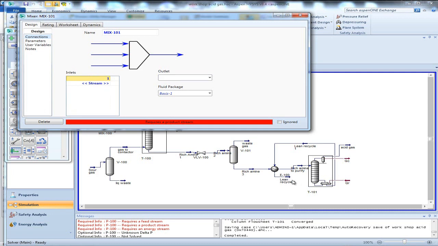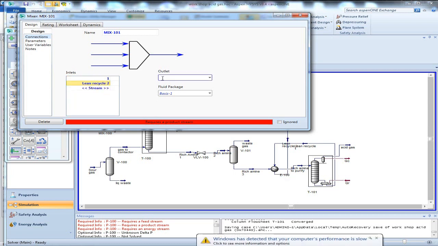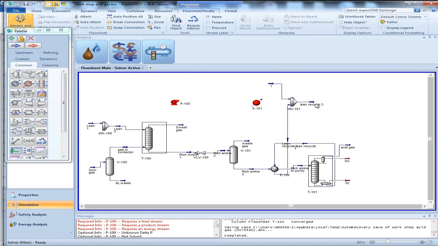And also the lean recycle number 2 will go to here as well, before going to recycle number 3. And this recycle number 3 will reduce the temperature by passing through this cooling.